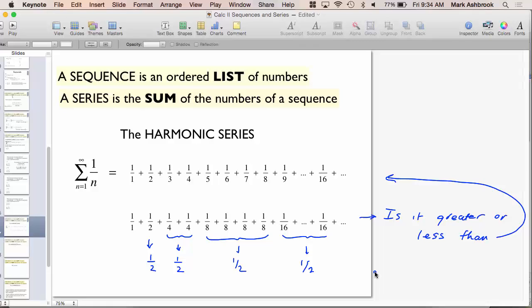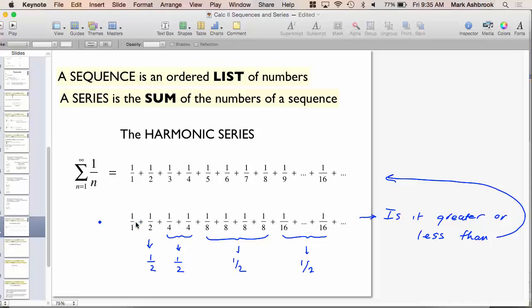Is this second series convergent or divergent? I can always go far enough out and get the next group to equal 1/2. And then if I go far enough out again, I can get another group that equals 1/2. Convergent or divergent? Divergent. And how does this one compare to the harmonic series? What did we say?